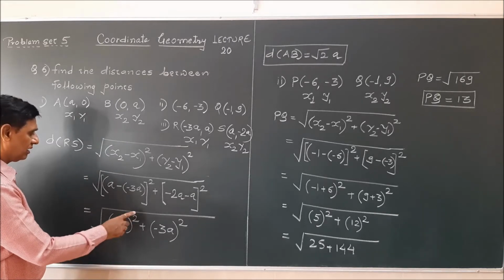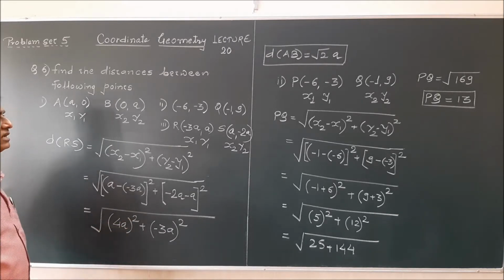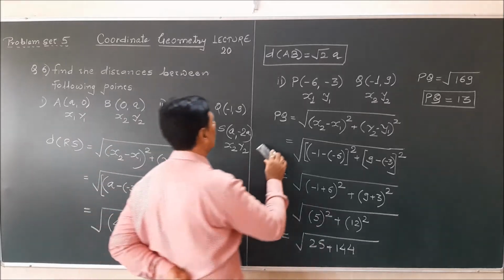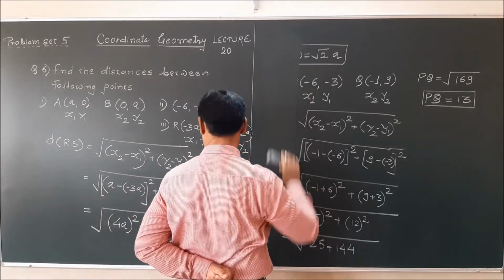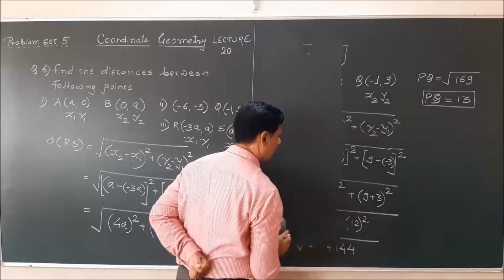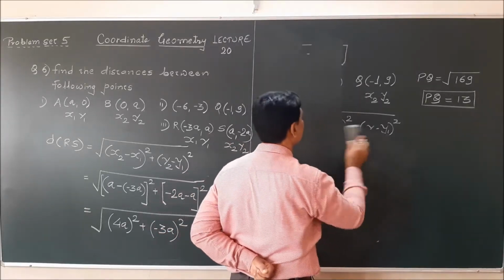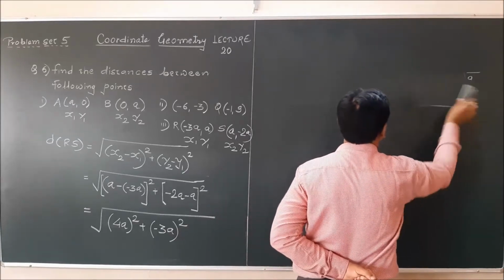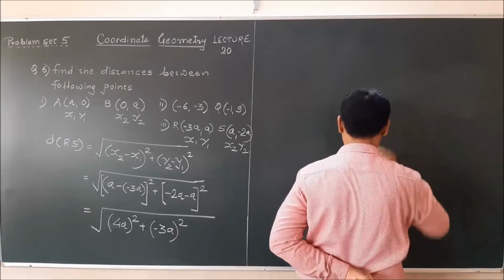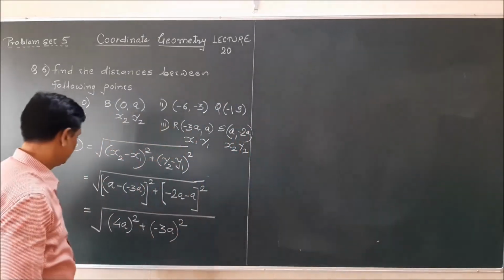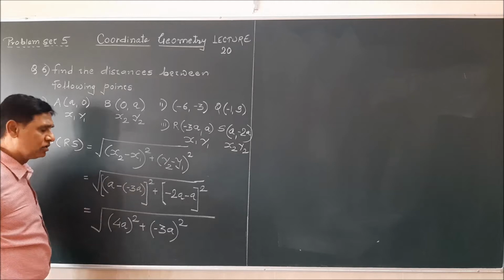So here 4a the whole square minus 3a the whole square. Now next to that, 4a bracket square will give us 16a square.